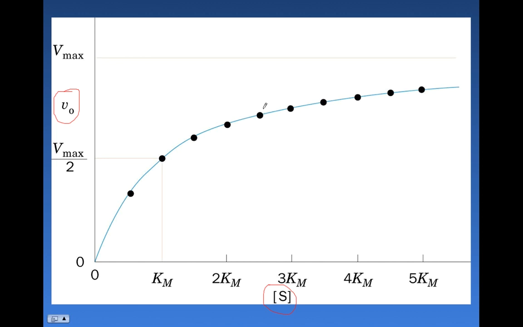We talked about this in lab a little bit also: if you have a lot of substrate in your reaction, your enzyme's really doing as much work as it can do. It doesn't have to find the substrate. It's at high enough concentration that that enzyme substrate complex is forming really rapidly. And out here, it makes a lot of sense.